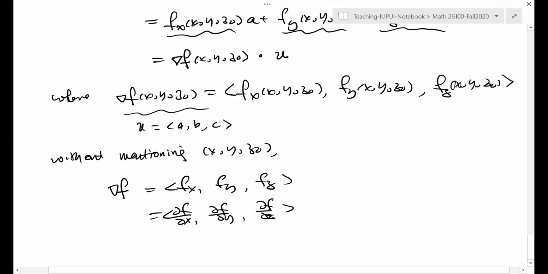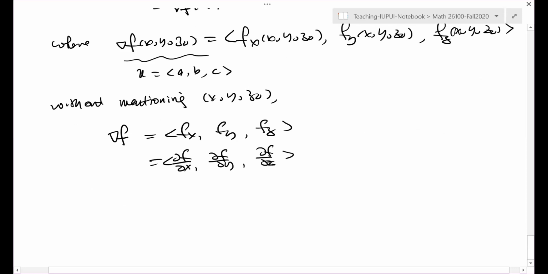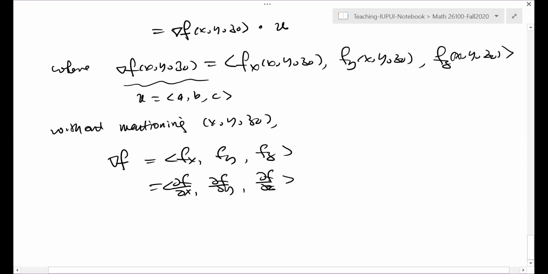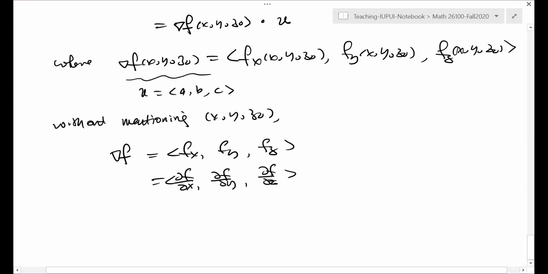For simplicity, sometimes we don't want to mention the variable. So the gradient of the function is just the set of partial derivatives. And this comes from the directional derivative, that's why we put them together. And we will understand the geometric meaning of this later, okay?